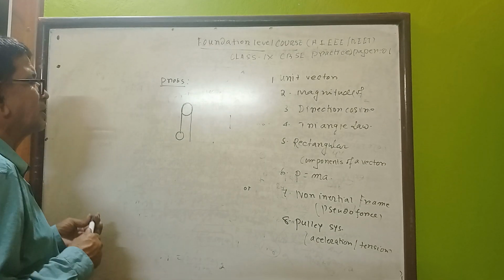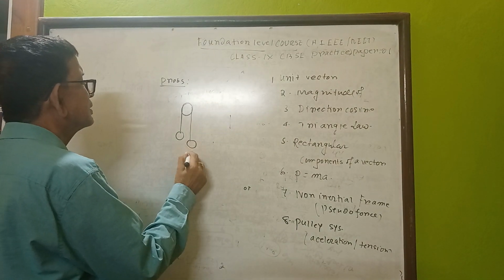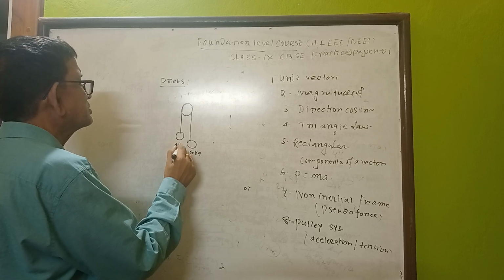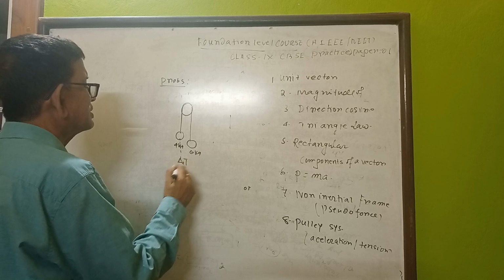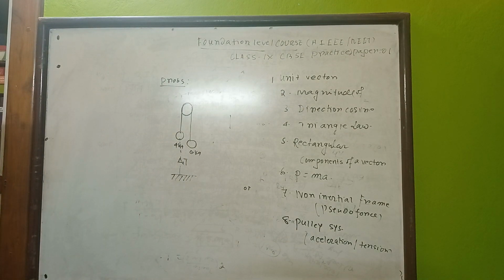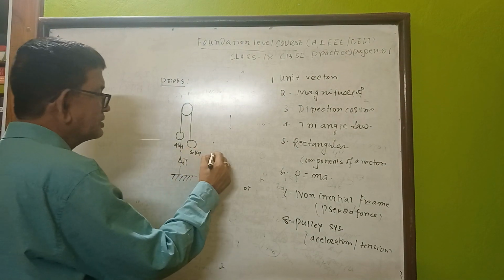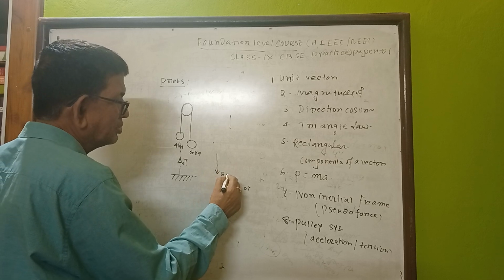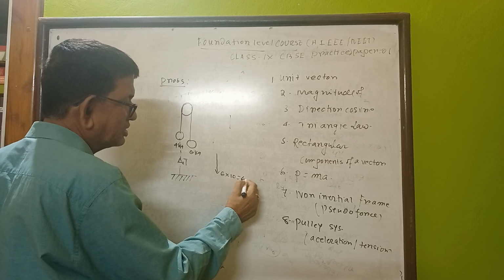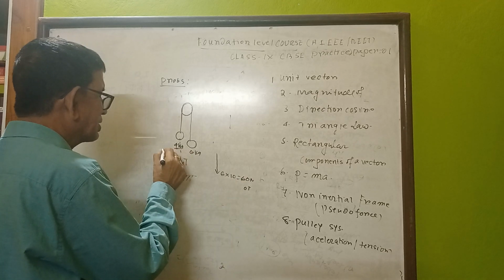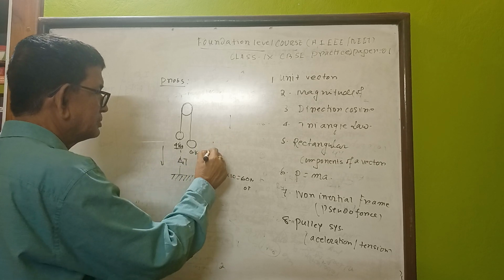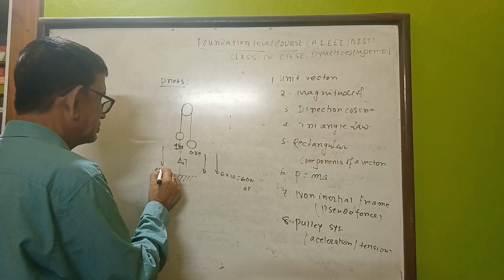Again I am doing it, try to understand. There are two bodies, 6 kg and 4 kg. The question is, what is the tension in the string attached to the table? The downward force of the heavier body is 6 into 10, 60 Newton. The 4 kg body acts in the opposite direction with 40 Newton.